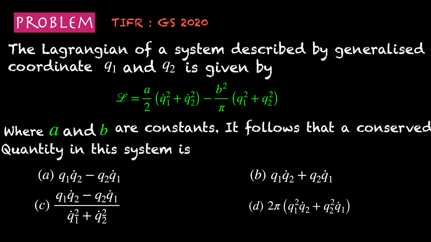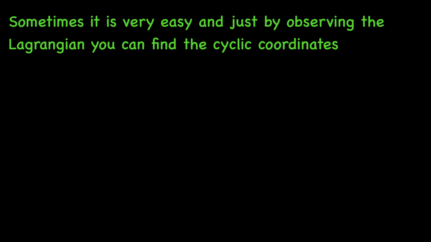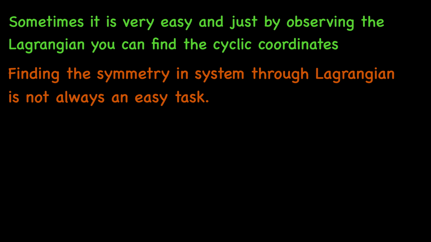Sometimes it's very easy to find the cyclic coordinate in the Lagrangian, and accordingly you can find the conserved quantity, but sometimes it's not that easy and you have to change the coordinates, or do coordinate transformations, so that you can find your cyclic coordinates, and from that you can find the conserved quantities.